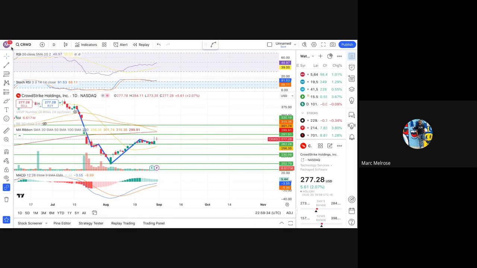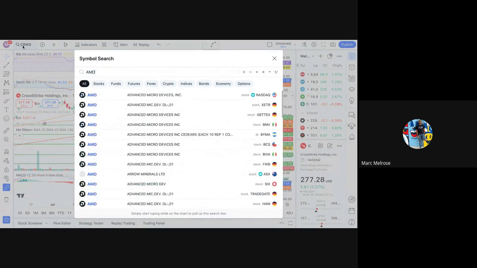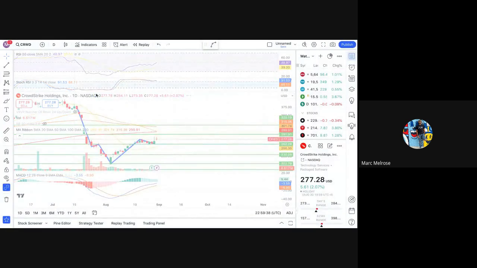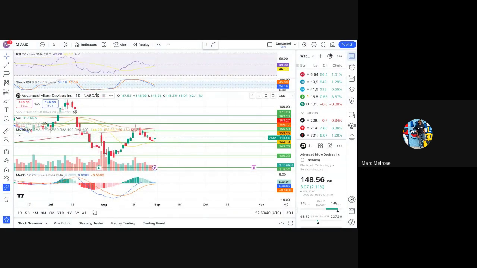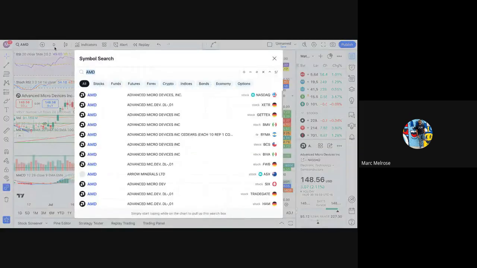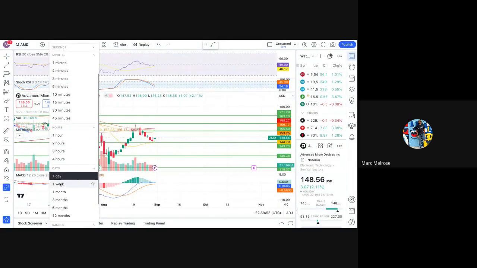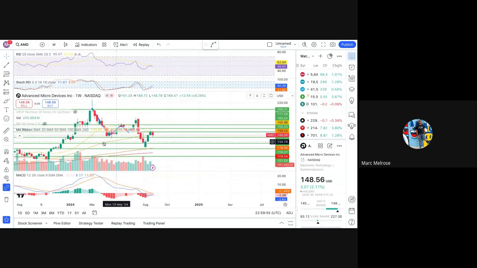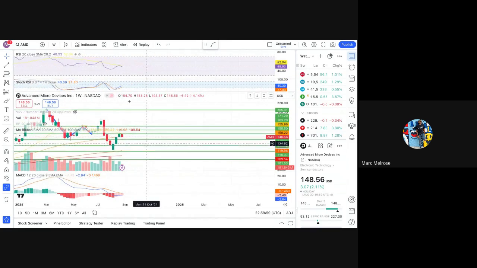AMD. Take a look at AMD. So AMD on the weekly, from the stochastic standpoint, is in that neutral zone.